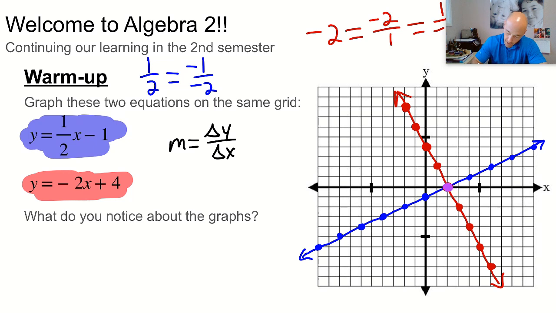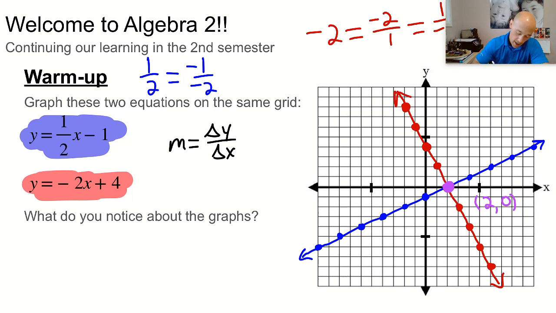Well, what about this spot right here? Why would that spot be important? Why would I draw your attention there? By the way, that is the point 2, 0. Why would I draw your attention to the point 2, 0?